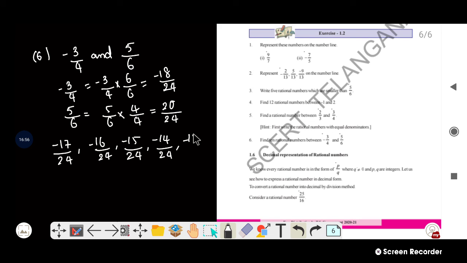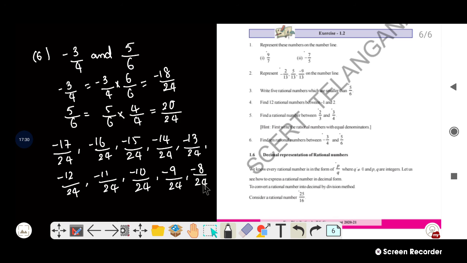comma, minus 13 by 24, next minus 12 by 24, comma, minus 11 by 24, minus 10 by 24, minus 9 by 24, minus 8 by 24.